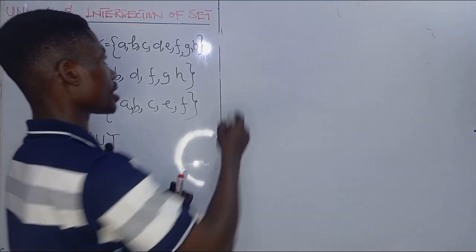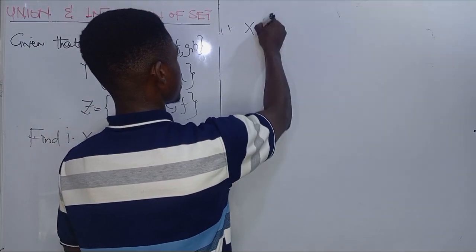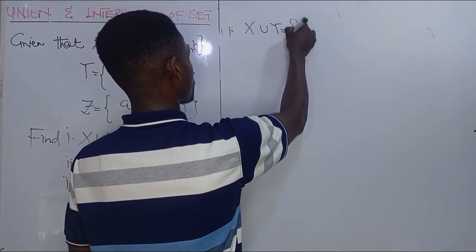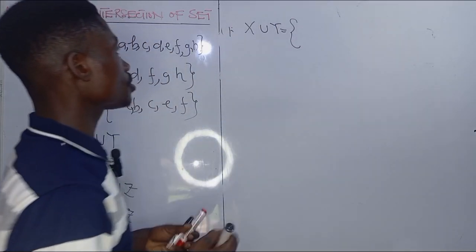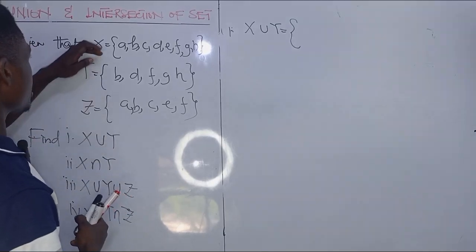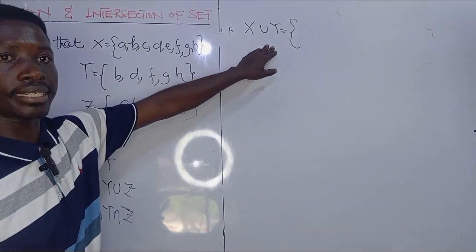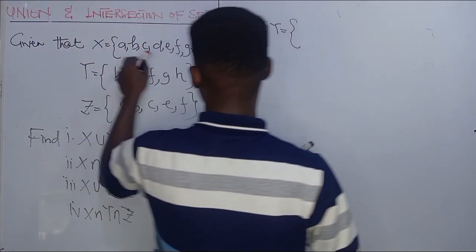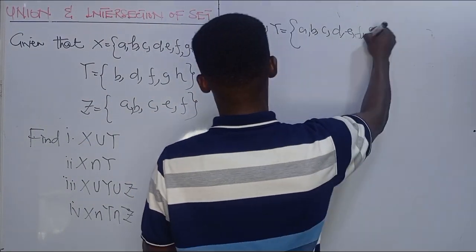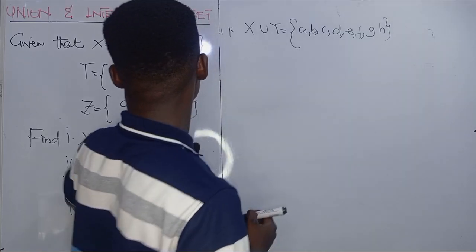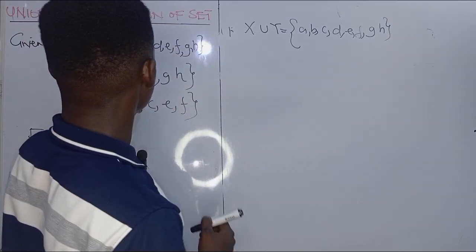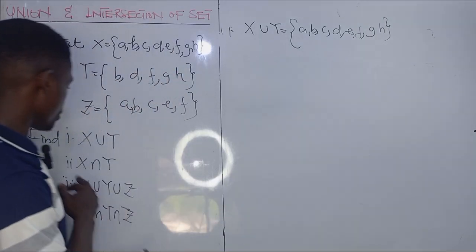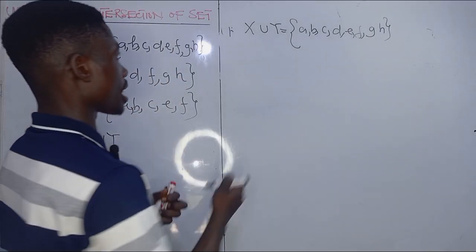X union Y. So what it means is that we are going to combine all the elements in X and then Y into a single set. So we have A, B, C, D, E, F, G, H, and that is X union Y.